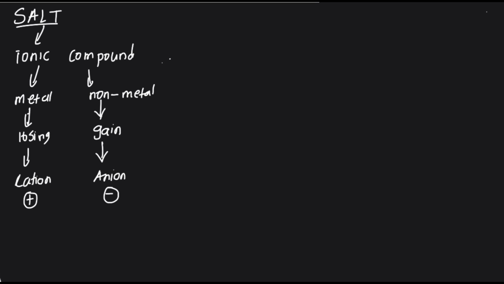Now let's look at the preparation just for a start. Let's look at a soluble salt, and for instance, let's say we want to prepare sodium chloride, the table salt. So we are going to use a base plus an acid.